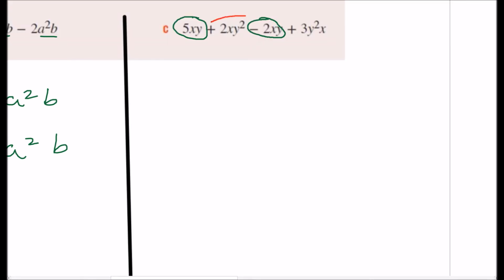What about positive 2xy squared? Do we have any of the other two xy squareds? Well, in this case, this one is a like term, y squared x. Even though they're in a different order, or written differently, they are still like terms. So I put those two together, and I put these two together with one color. So in this case, 5xy minus 2xy equals 3xy.